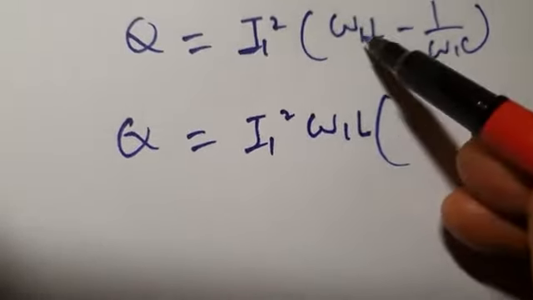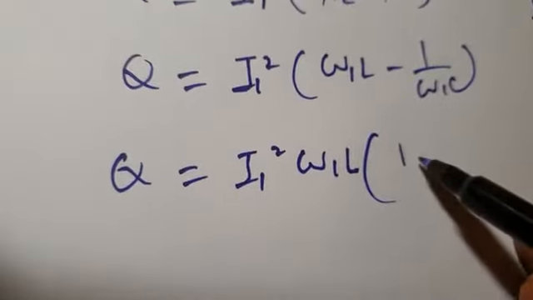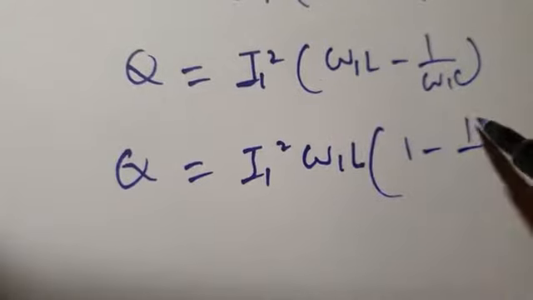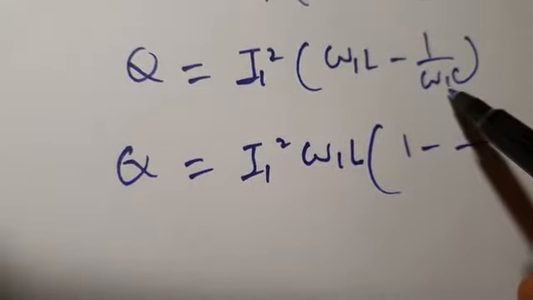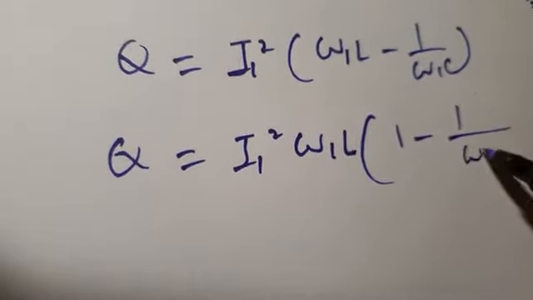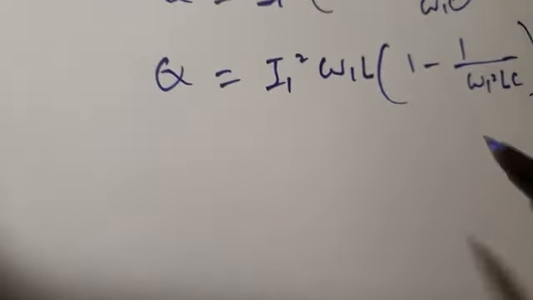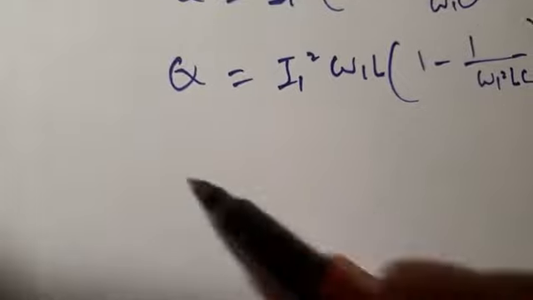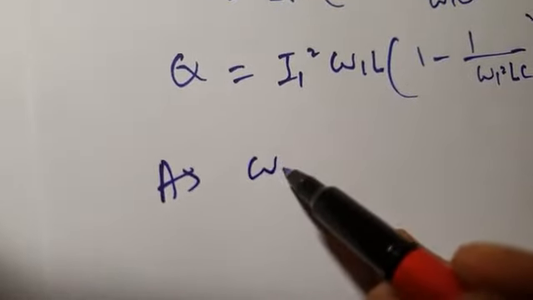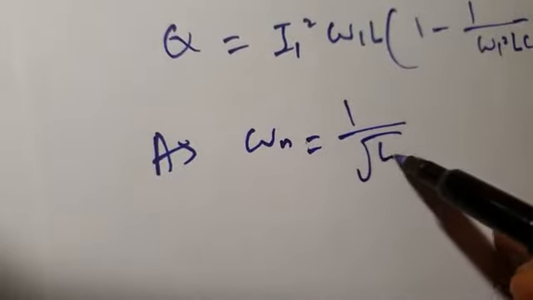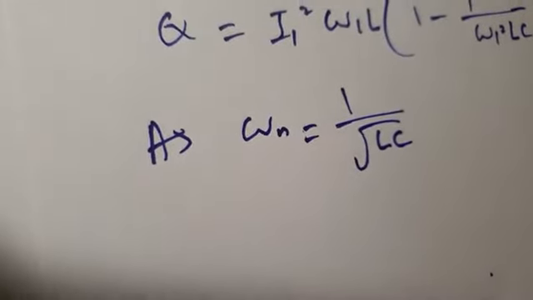So Q is equal to I1 square omega 1 L, which I take out. What I get inside is 1 minus 1 by omega 1 square L C, because when I take omega 1 L out, it will divide the denominator. Let us call this equation 1. As we know, omega n, the resonant frequency at which your filter is tuned, is given by 1 by under root of LC.